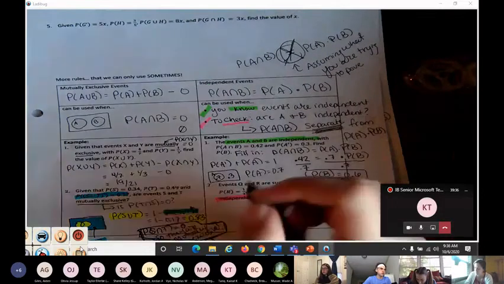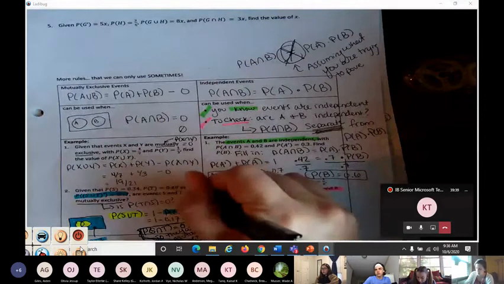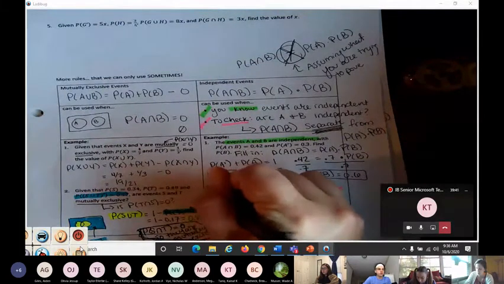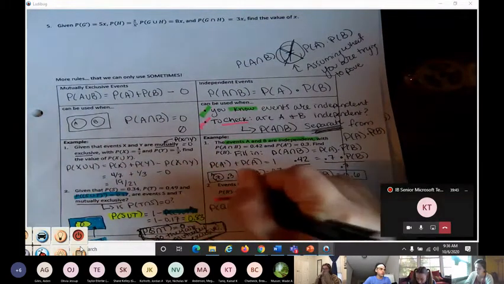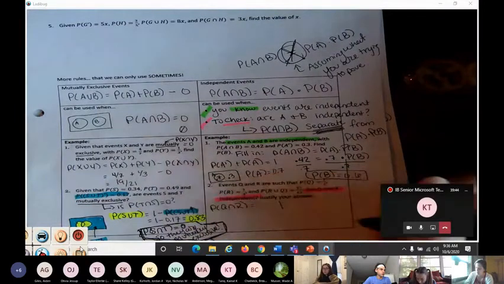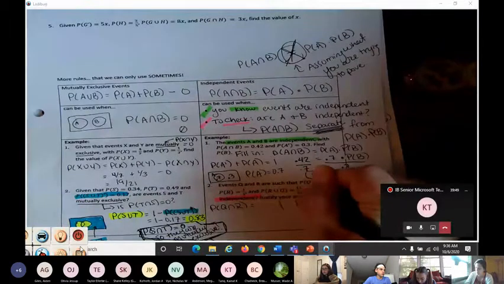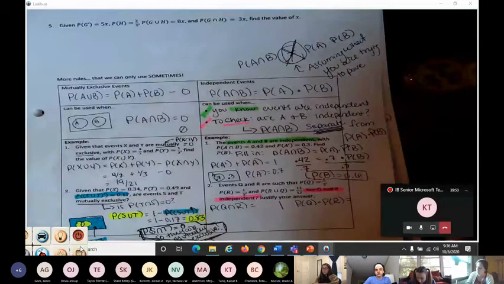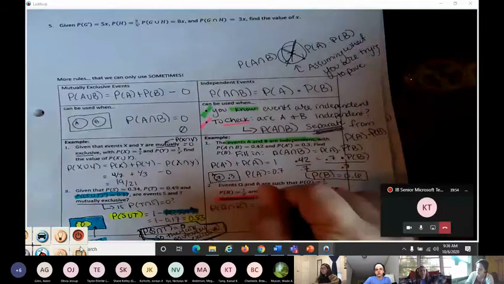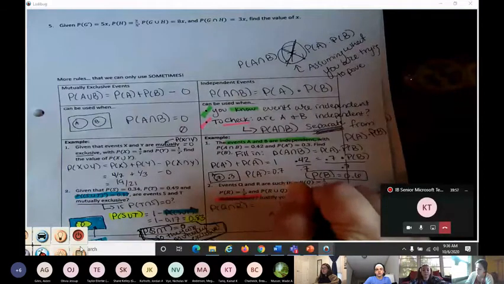So we're taking the intersection, P of Q intersect R, and we're going to figure out what that is. And we're taking P of Q, multiplying it by P of R, and we're going to figure out what that is. And we're asking the question, are they equal?